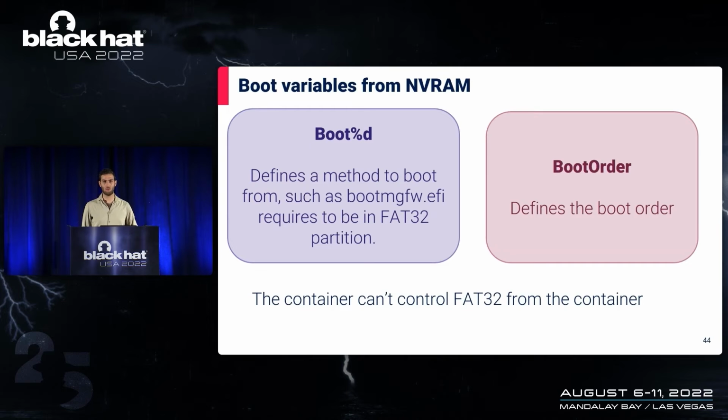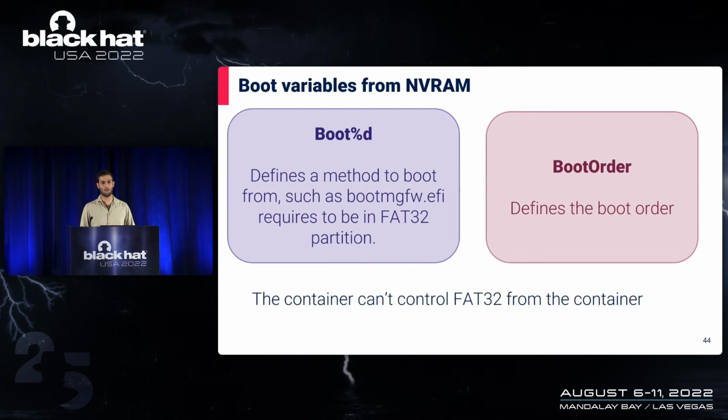Two examples of interesting NVRAM variables are Boot and BootOrder. Boot is a variable that defines for the UEFI how to boot using a specific method. For example, boot from a specific file, boot from hard disk, network, and so on.